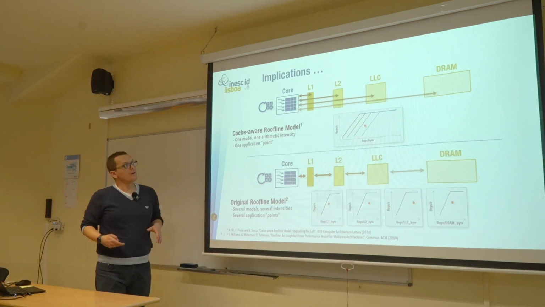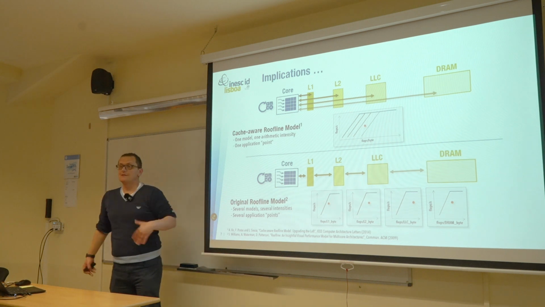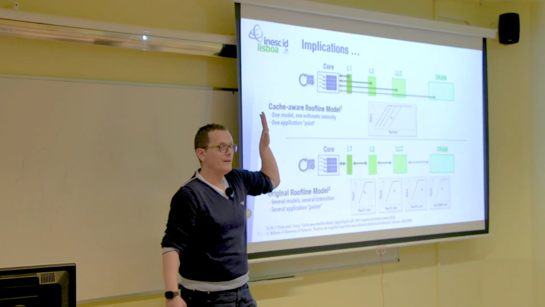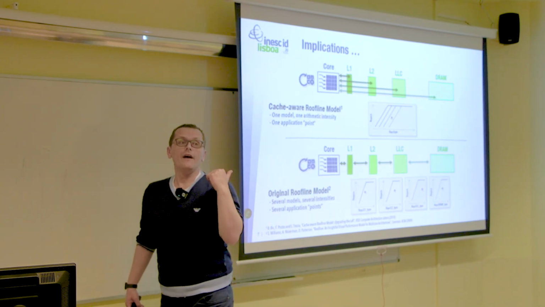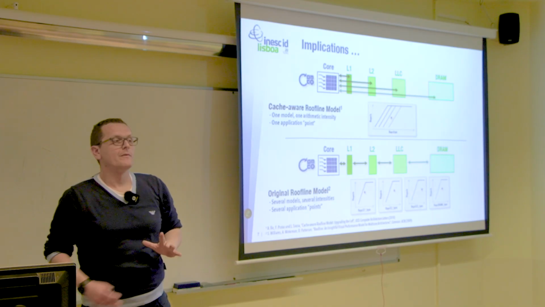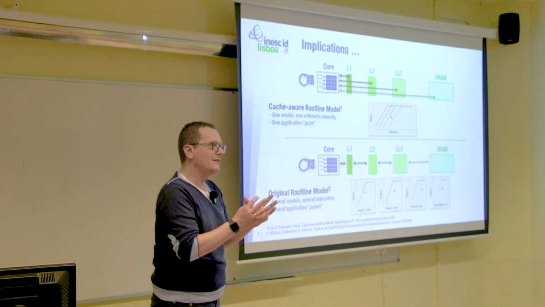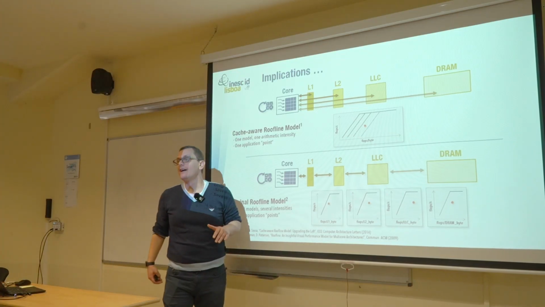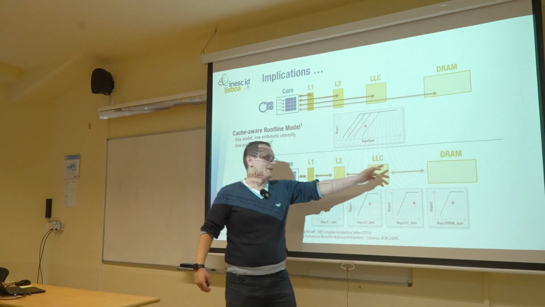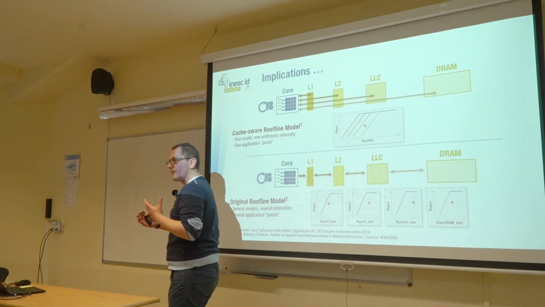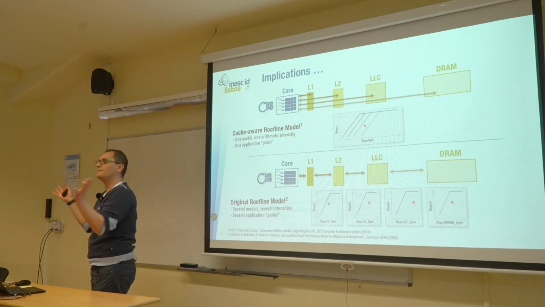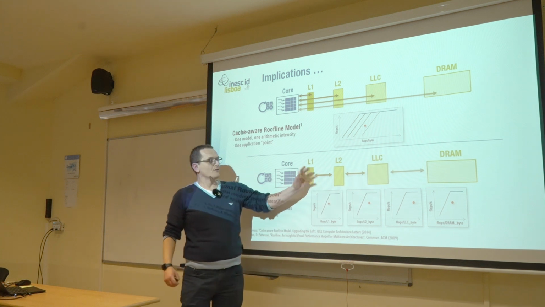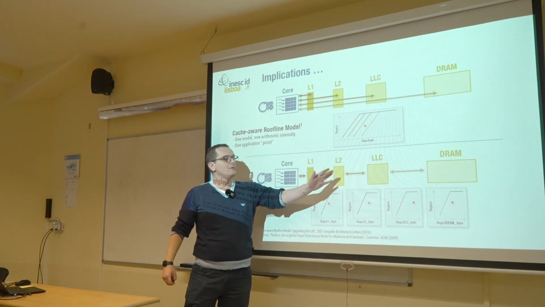What are the repercussions? In the Cache-Aware Roofline Model, since you look at the bandwidth from a core perspective, there will be one model, and your application will be a single point. I will iterate more on this idea in a few slides. If you look at the original roofline model, since they have bytes here, bytes here, bytes here, you will have several transfers happening at the same time between the levels, which means you'll get arithmetic intensity, or just think about bandwidth for now, between each of them.